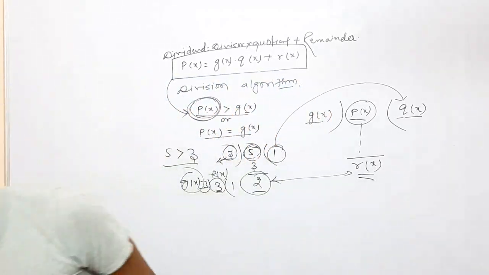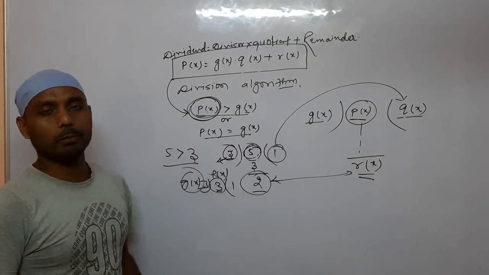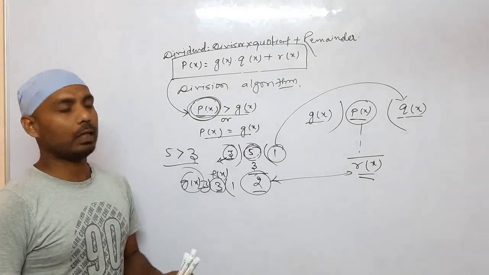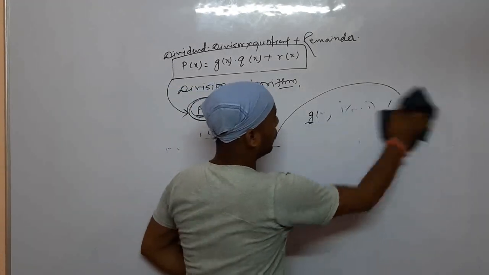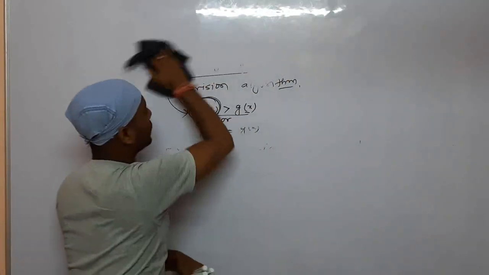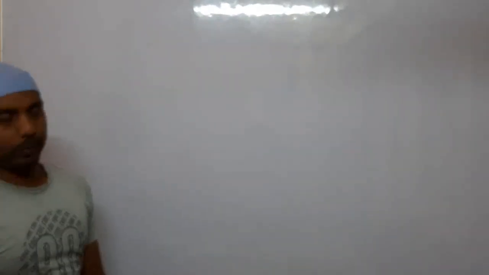Now, what will we do today? Today we will discuss the division of polynomials. For that, first of all we require a question for division. So let's come to the point.